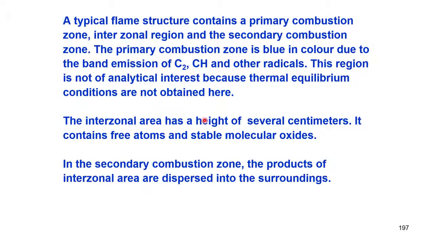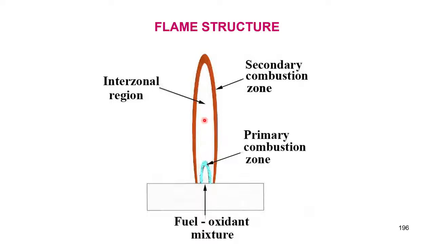In the secondary combustion zone, the products of the interzonal area are dispersed into the surroundings. I want to show you, go back here in this range, in this area, all the products that are coming from this are dispersed into areas outside like this.